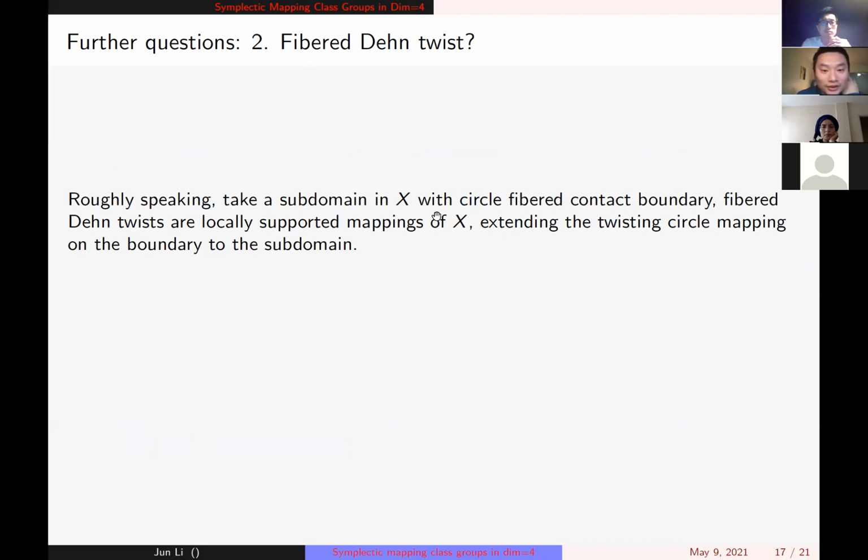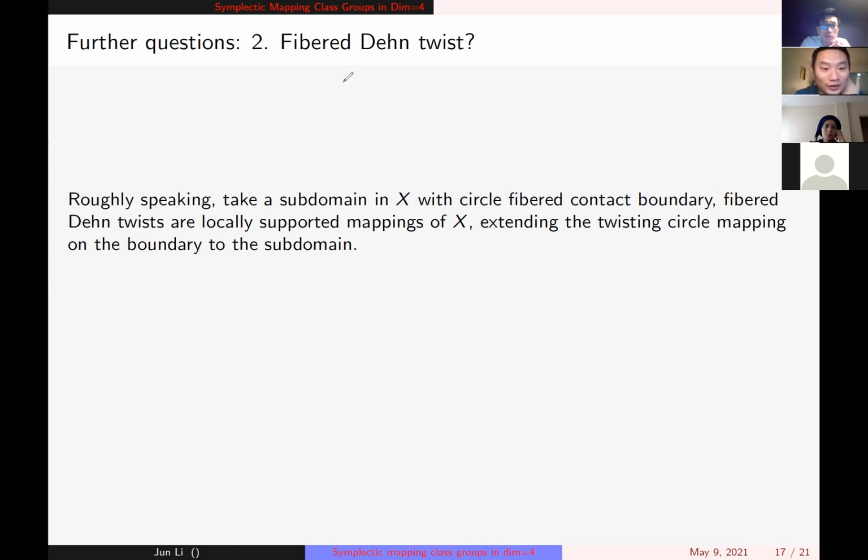We want a domain with circle fiber contact boundaries, and then we have a boundary contactomorphism that preserves the circles set-wise, fiber-wise. Then we try to extend such boundary maps to the domain. Then that kind of map is a fibered Dehn twist. That was originally described in a Biran–Giroux talk. I think they never published a paper.